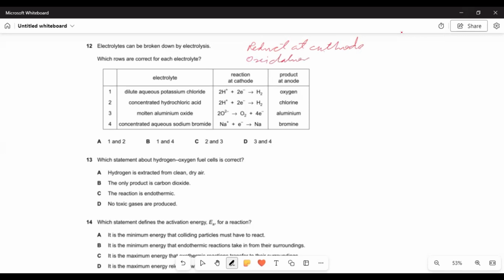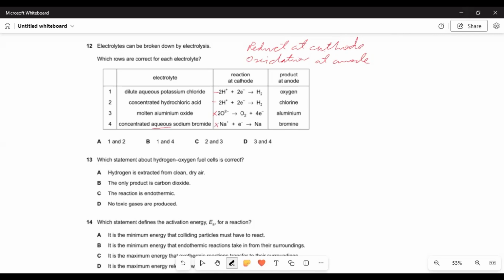So if you remember this point, you can understand it could be correct, it could be correct, it cannot be correct, it could be correct. But if you have an aqueous solution, whether it is concentrated or dilute, sodium and potassium can never be reduced.